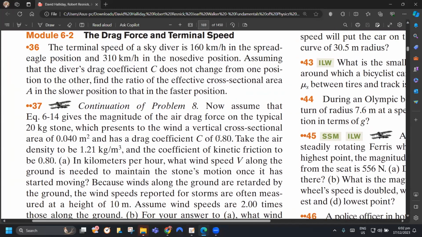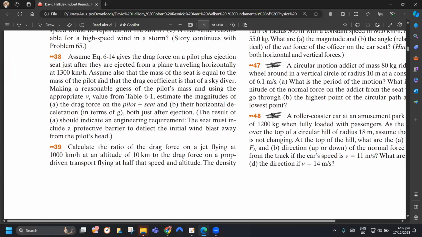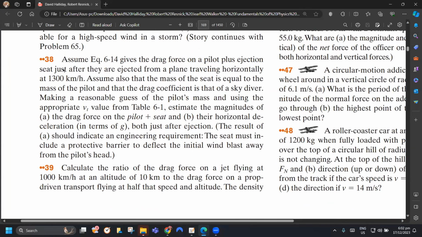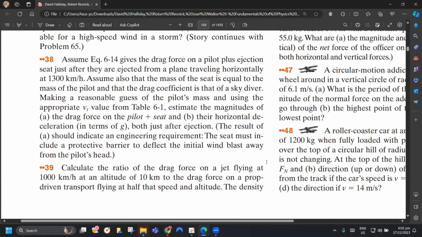Okay? So let's go to number 38. Number 38 first. So here, use the drag force on the pilot plus ejection seat. We need table 6-1.